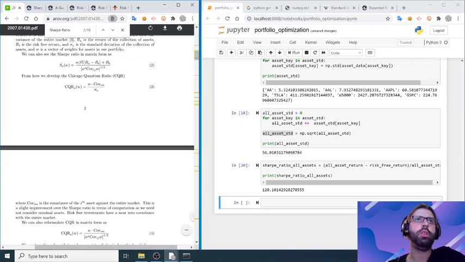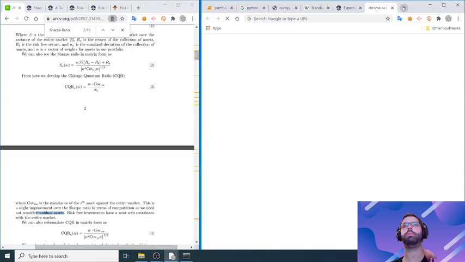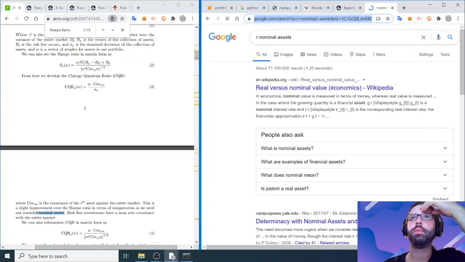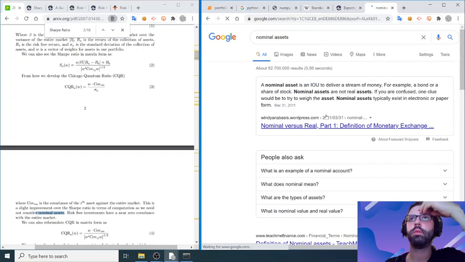So it's not using the risk-free stuff. What are nominal assets? I think I searched for these already, like bond or share stock.